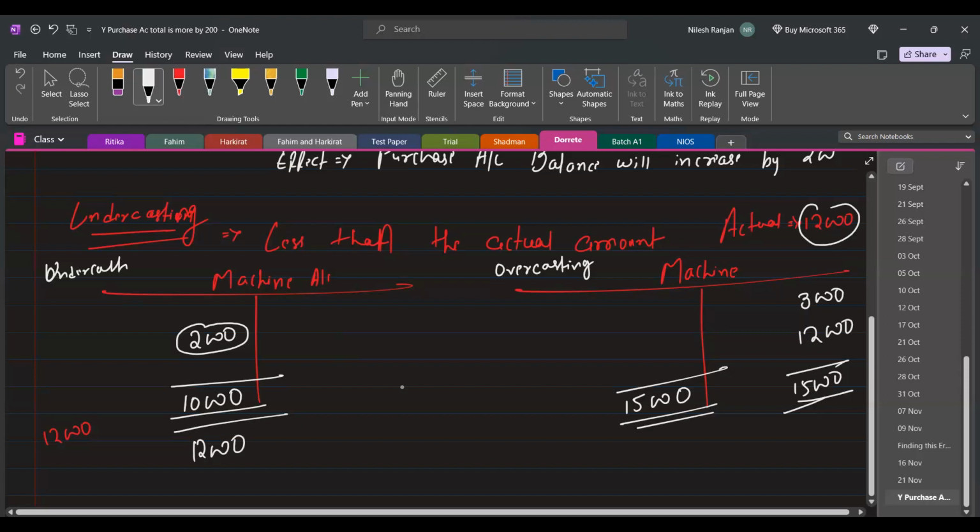Now there are different cases of posting, like overcasting and undercasting. Actually, there is some error related to posting. When we write our journal entry into the ledger, we pick every single account, and we debit or credit the item in the respective ledger account.